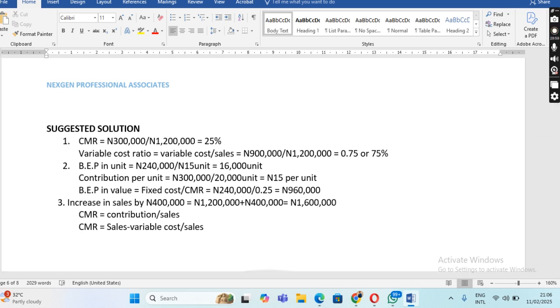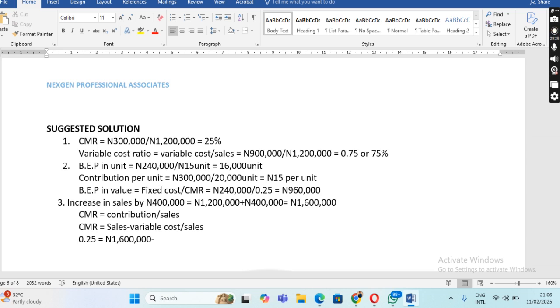What is your CMR here? Your CMR is 25%, class. So we can have 0.25 equals the sales, which has increased to 1.6 million, minus your variable cost, divided by sales.